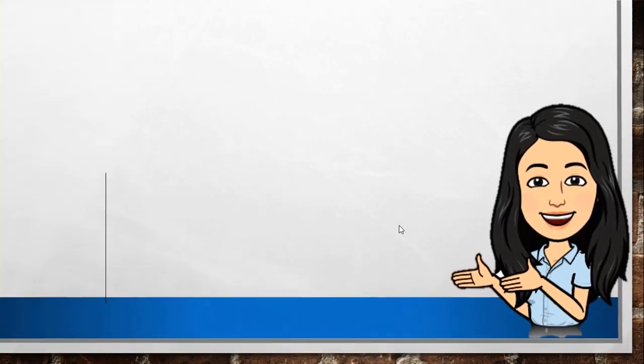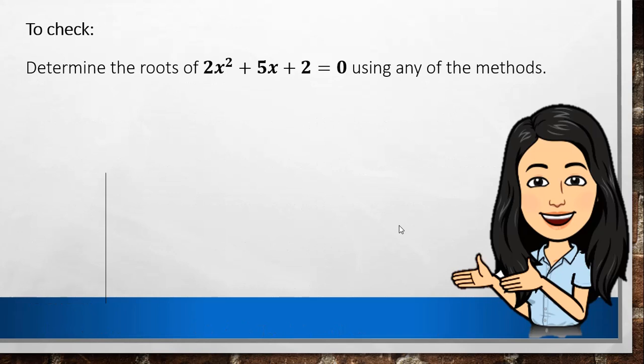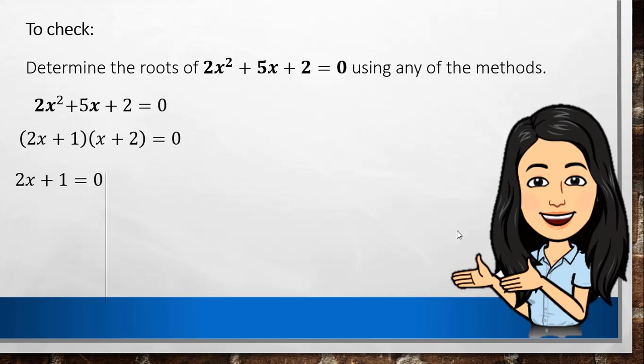Okay, so to check, determine again the roots of 2x squared plus 5x plus 2 equals 0. So the factors are 2x plus 1 and then x plus 2. And then equate both factors to 0. So 2x plus 1 equals 0 and then x plus 2 equals 0.